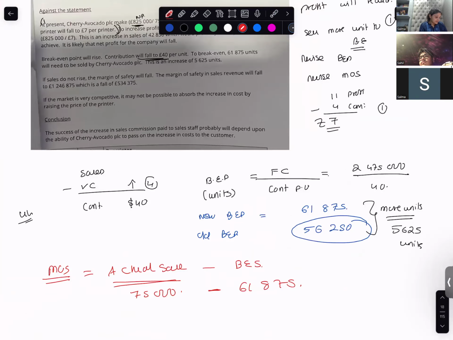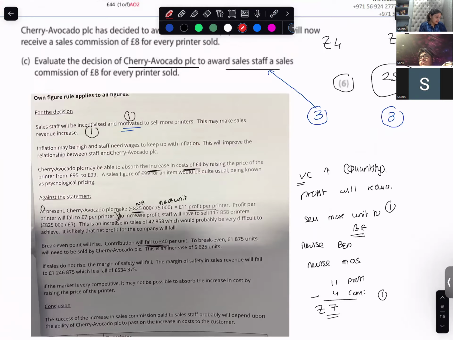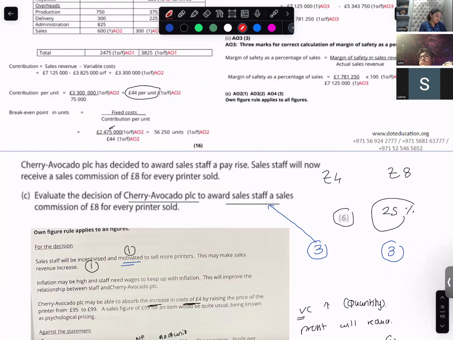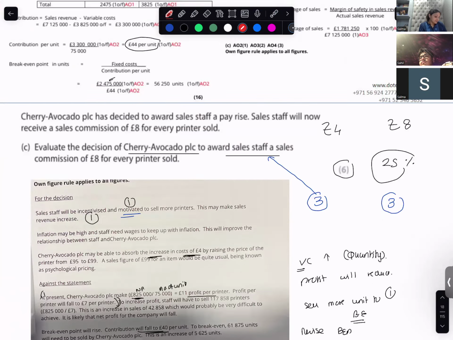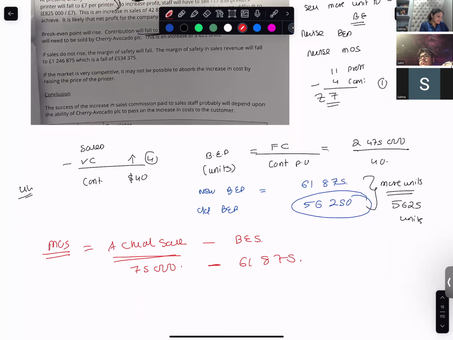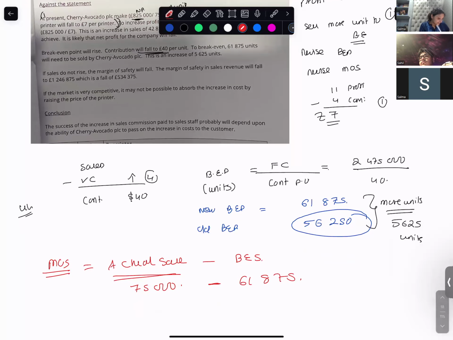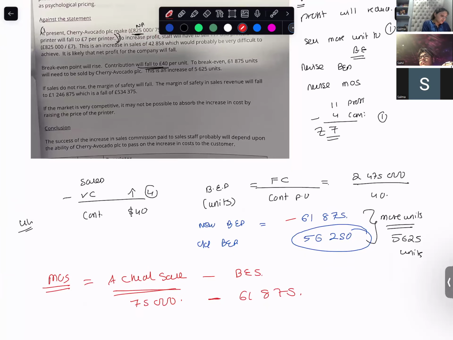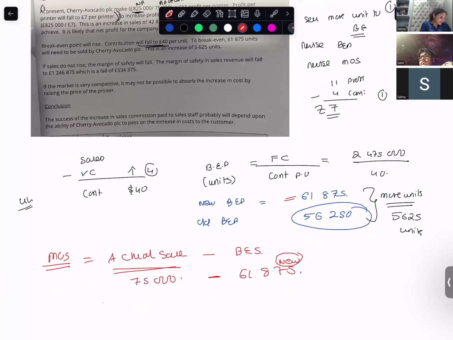I'm not talking in dollar value, I'm talking in units. Yes, that's 75,000. Break-even sales was 56,250, the new one is 61,875. So margin of safety will become how much?